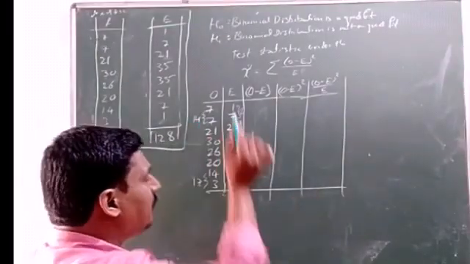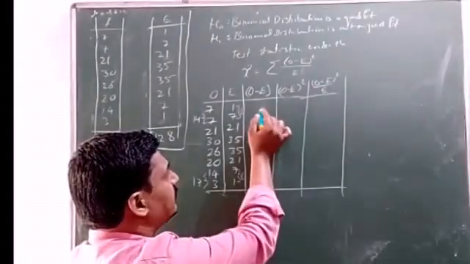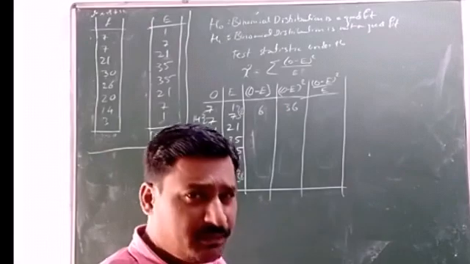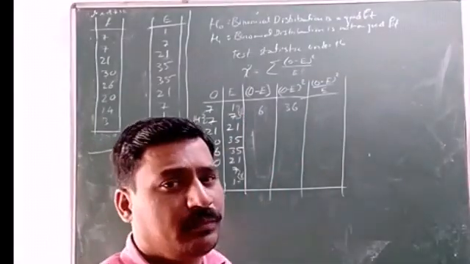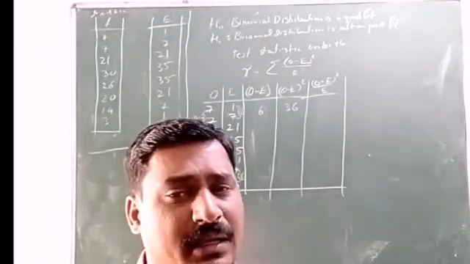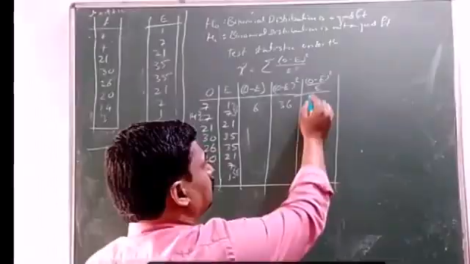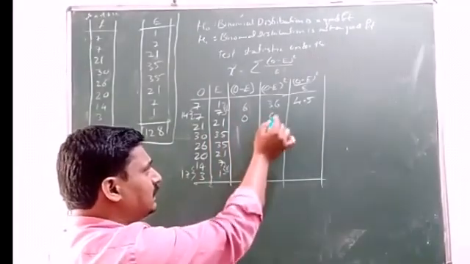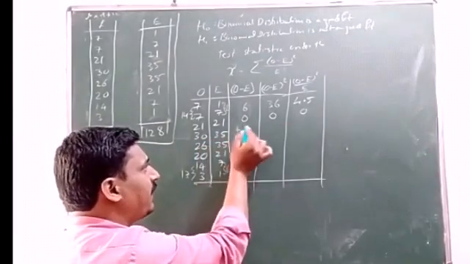Okay, so now once again, 14 minus 8 is 6. 6 square is 36. 36 divided by 8 is 4.5. Now 21 minus 21, 0. 30 minus 35 is minus 5.